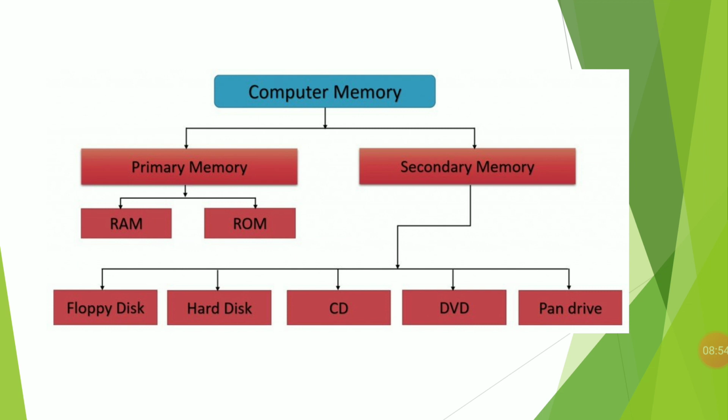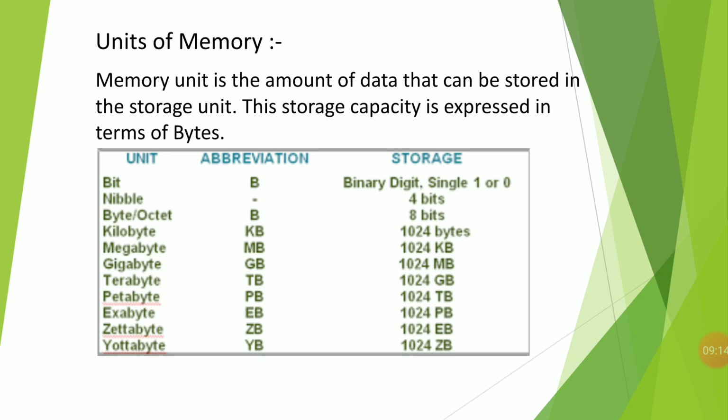The speed of external memory is much slower than internal or primary memory. Some commonly used external memory devices are hard disk, CD drive, pen drive, etc. Next point that we are going to discuss is units of memory.